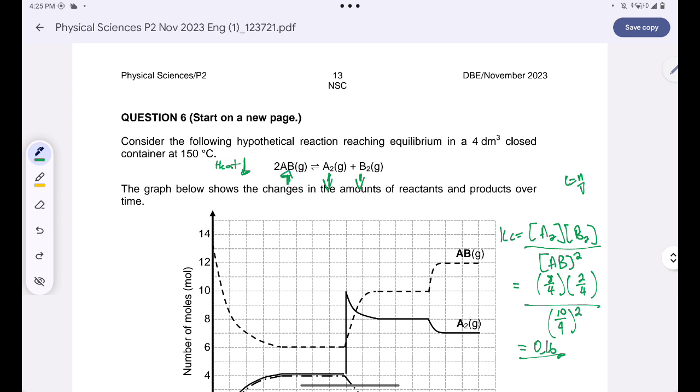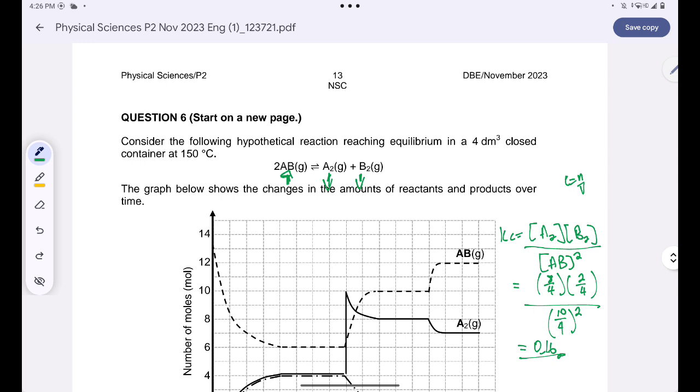Are you together? If the forward reaction was exothermic, it was going to be opposite. The heat was going to be on the right hand side, the heat of the reaction. So in this case, I can conclude that this reaction was endothermic. Why?